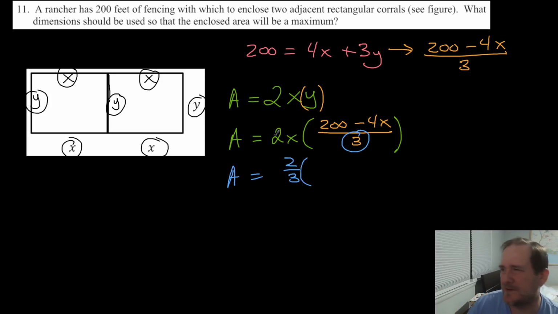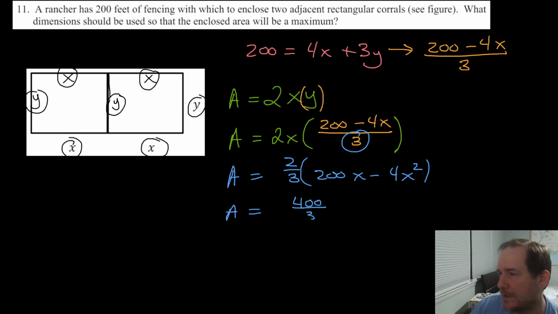Then I distribute the x, getting 200x minus 4x squared. That good? I guess I want to distribute the 2/3. Sure, let's just distribute it. So you'd have essentially a coefficient of 400 on an x, and you'd have a coefficient of 8/3 on an x squared.